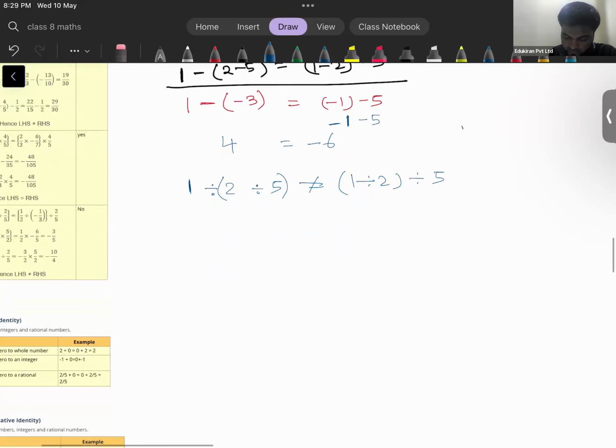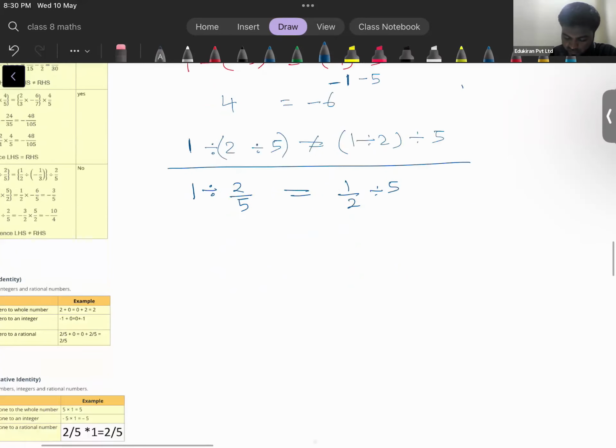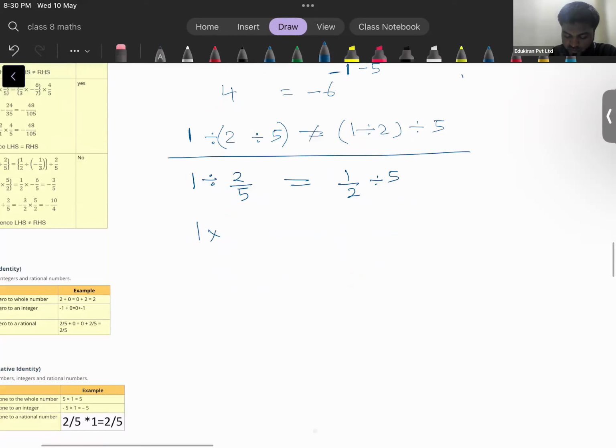Okay, it is 1 divided by 2 upon 5. Let's see whether they are equal or not. Okay, 1 upon 2 divided by 5. So we can write the reciprocal value of 2 upon 5, that is going to be 5 upon 2, right? And 1 upon 2 can be written like this.